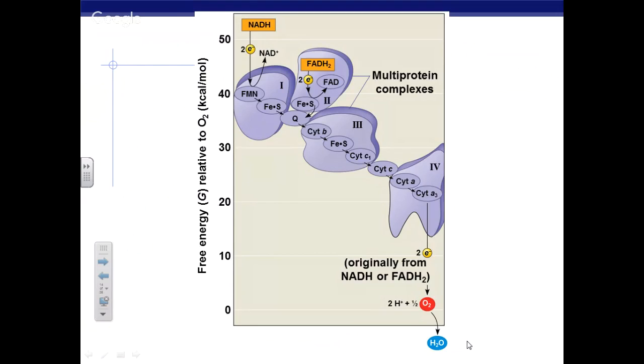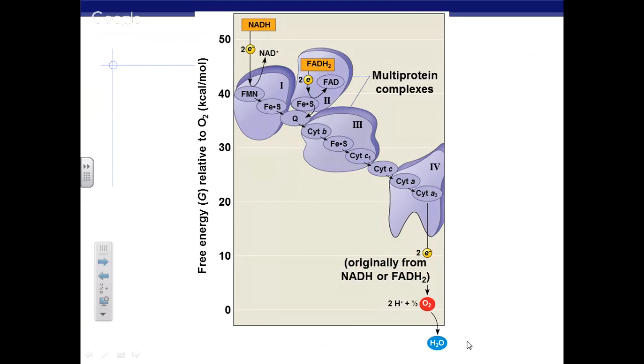So as the electrons are being moved through these complexes, they're going to lower energy levels. They have a lot of energy at the top, so while they're going down, they're losing energy. So the electrons from NADH can start up here because they have free energy that's around here, but the ones in FADH2 are just a little bit lower. So that's why they can't enter at the very beginning.